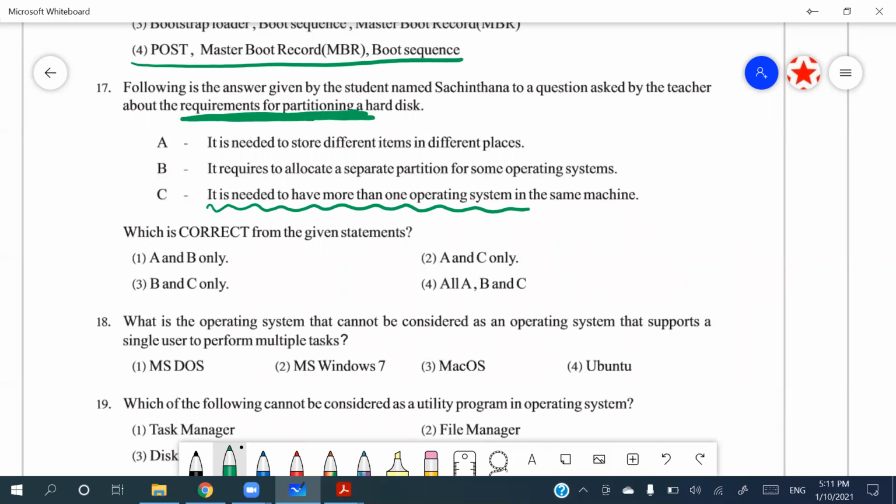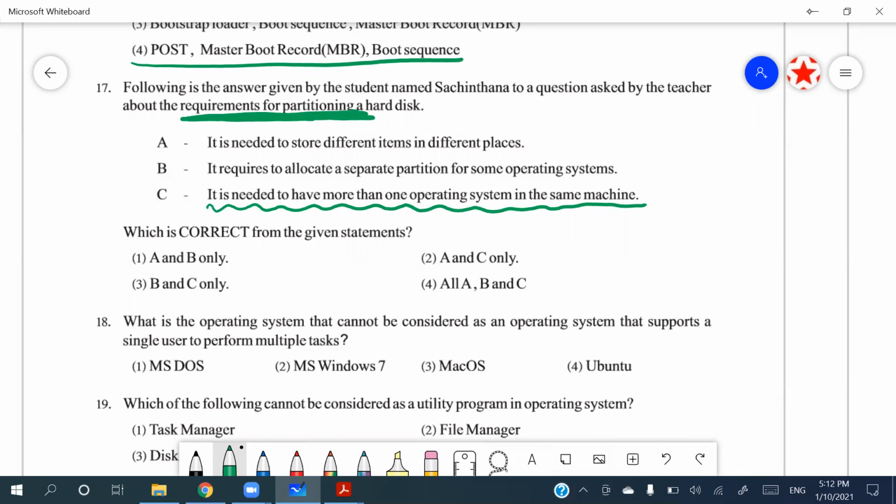It does not become a need when speaking generally. But now here they are asking about partitioning. So since some operating systems need a separate partition, partitioning is required when keeping more than one operating system in the same machine. For example, if you need to keep Linux and Windows together, we need a separate partition for Linux and a separate partition for Windows.